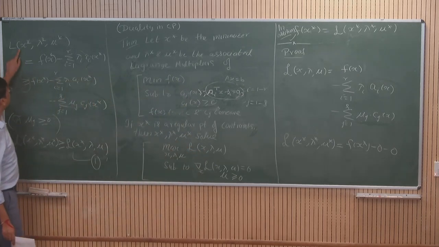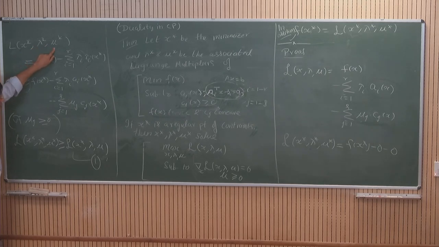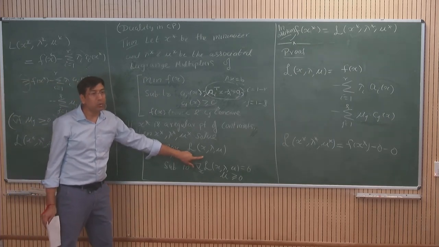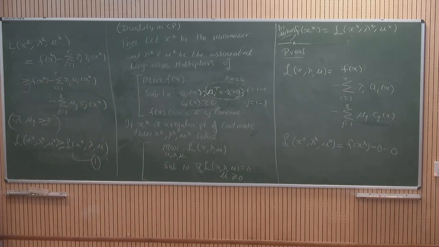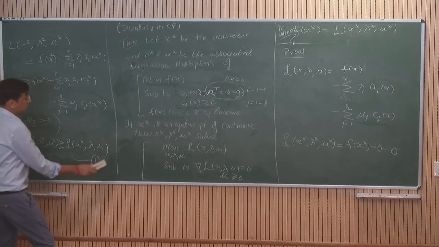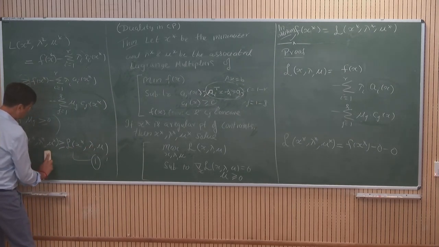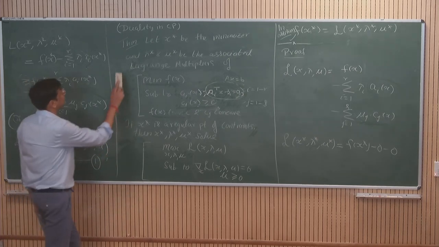Once I had it in terms of x star, lambda star, mu star, I was able to convert lambda star and mu star to lambda and mu. Now I try to get rid of this and get a relationship between this and the Lagrangian of x, lambda, mu, so that I can go to this form. This is where I am going in the proof. Can everybody see? Okay. So now we'll do one more step so that we can get a relation between this and the Lagrangian of x, lambda, mu.